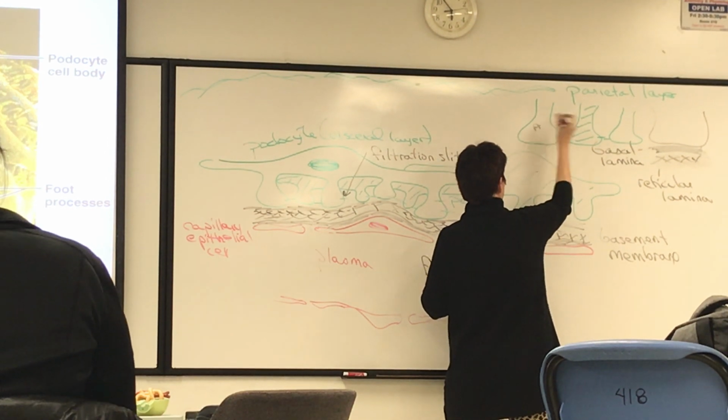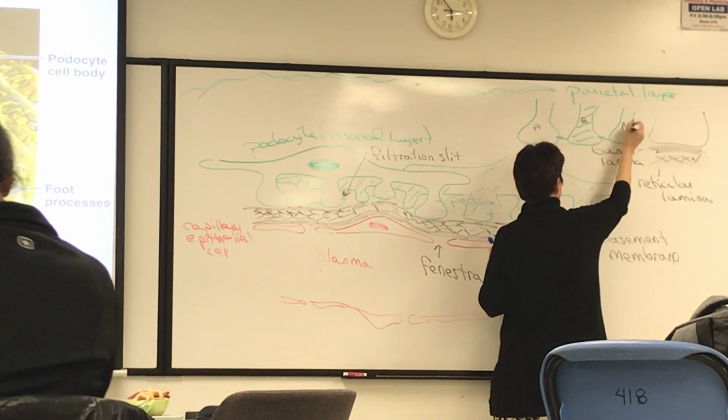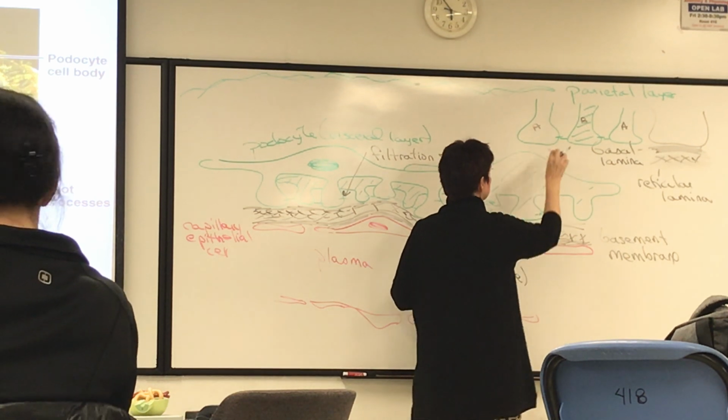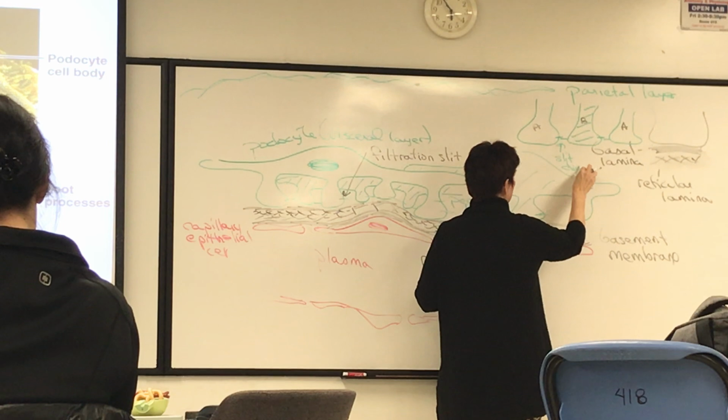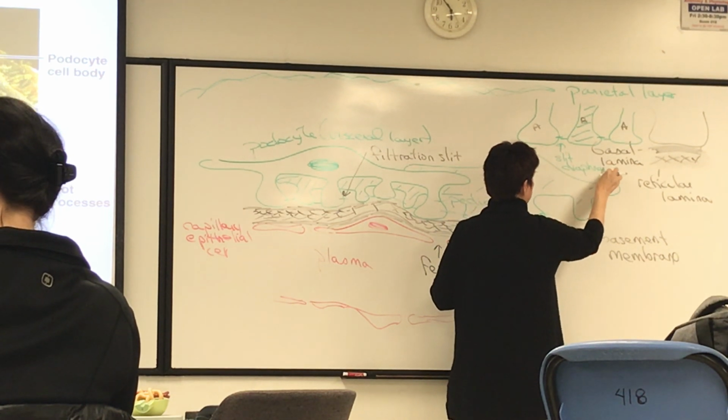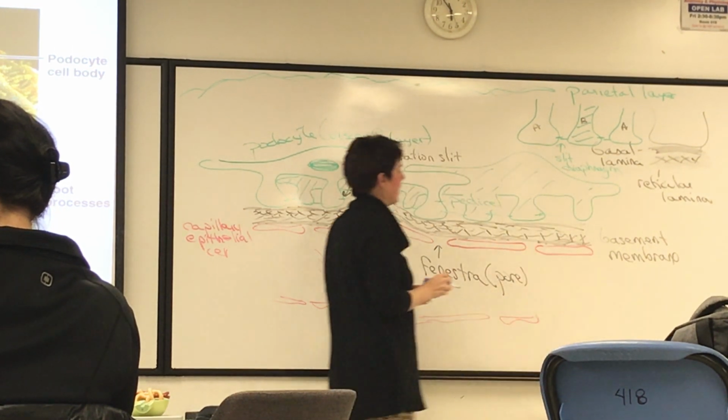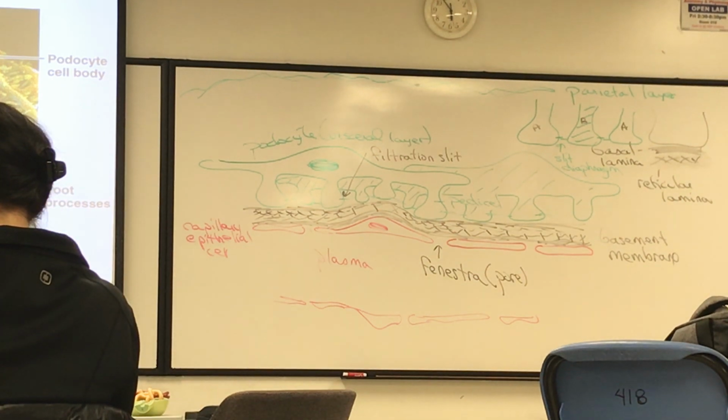So this would be podocyte A, podocyte B, podocyte A, all right? And those proteins create a structure known as a slit diaphragm. So this is our filtration membrane.